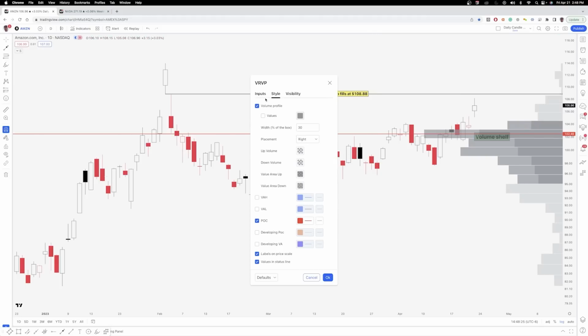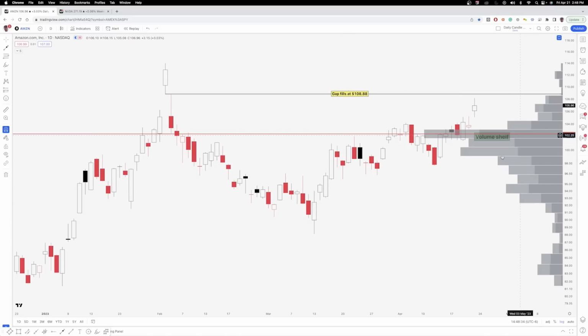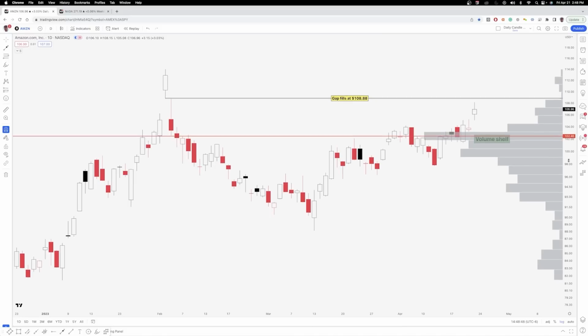And then this is where you change this value area volume to 100. So then it's capturing all of these areas. And apparently I didn't pick the same exact gray. Not sure why that's slightly different, but there you go. That's essentially how you're going to create it.